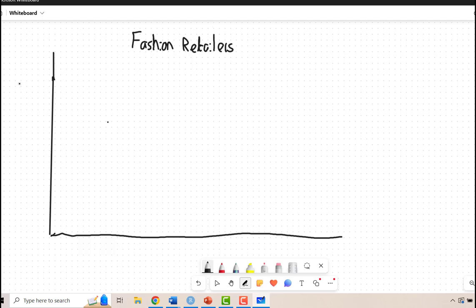Okay. And I'm going to pick two segmentation bases. I'm going to pick kind of trendiness. Each of these are going in some perceived scale of trendiness from low to high.